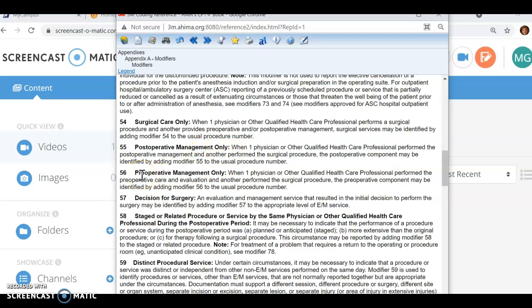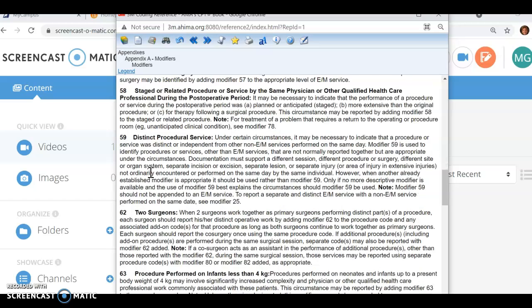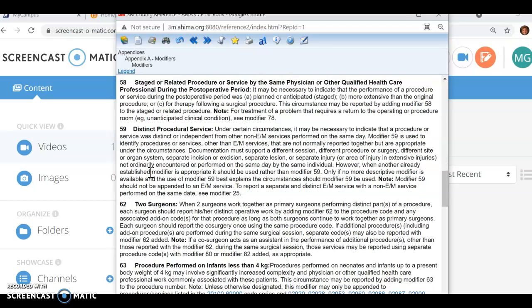They went to preoperative management to maybe an internal medicine doctor. So what happens is they submit that surgery code, and that's divided up three different ways. Of course, the surgery itself is going to get more money. But the reason you put the modifiers on them is to give further explanation of that CPT code, and it helps the insurance company know what they need to charge and who gets the money.